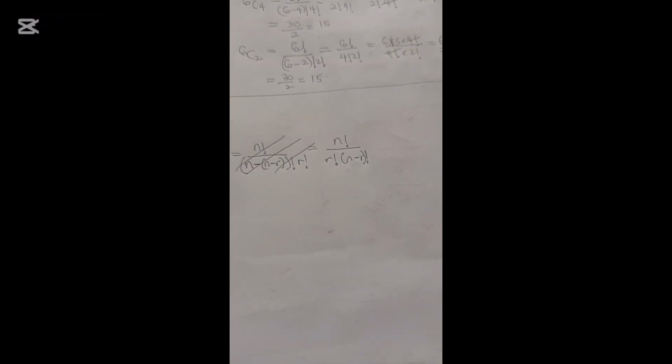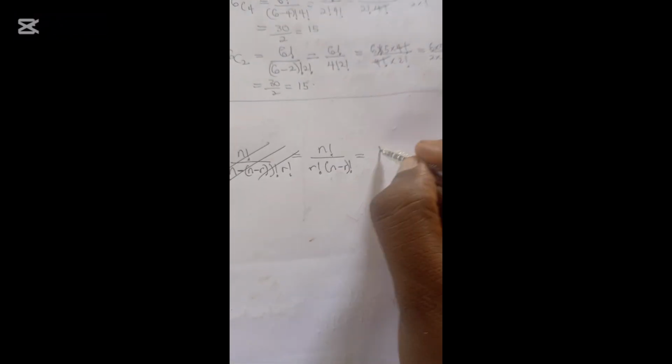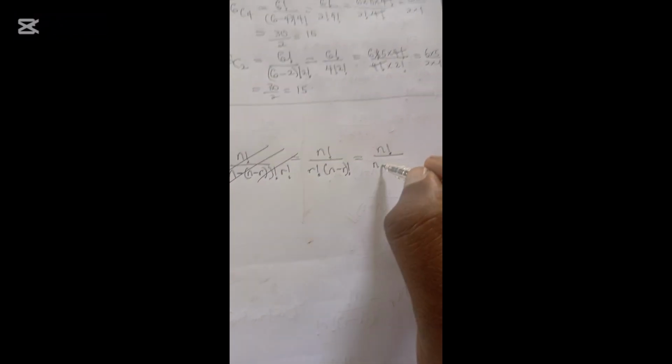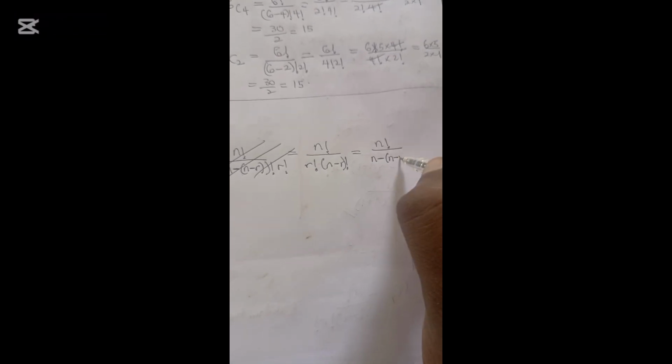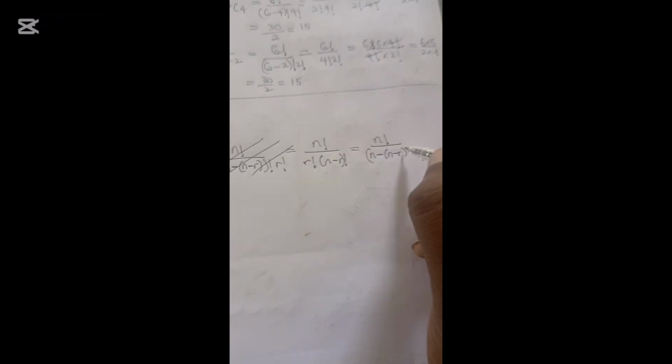Now, what if we can come up with n factorial over n minus bracket open n minus r, then we put a factorial outside here, then n minus r factorial.